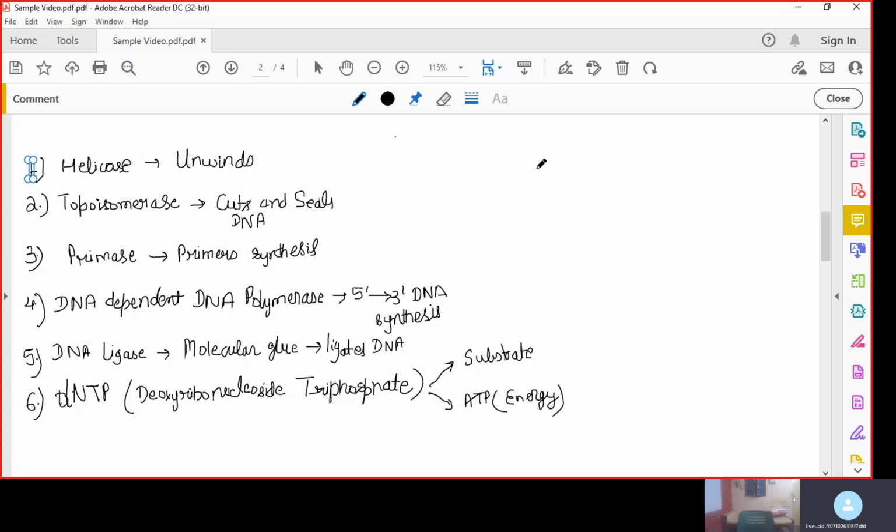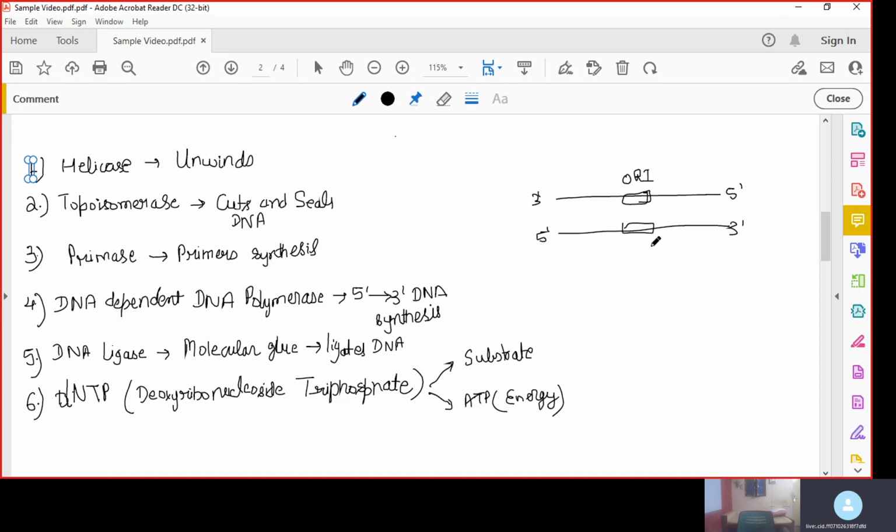One more thing: consider this is a DNA strand, 3' to 5' and 5' to 3'. Here we have the ori site. What is the ori site?